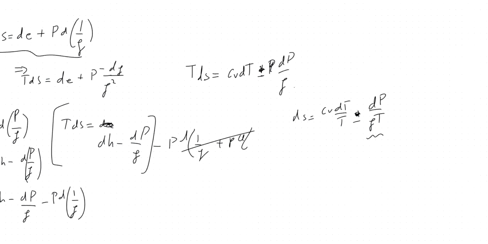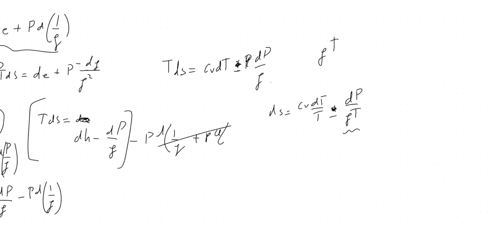I think the ideal gas law is P equals rho RT, and that means that this is R. So we can say this is equivalent to dS equals Cv dT over T minus R dp over p, right?